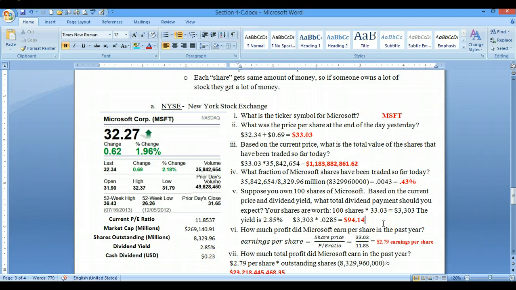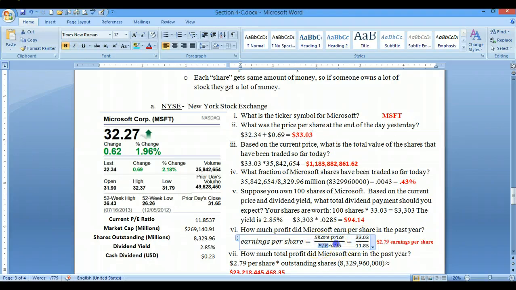Okay, so the next question, how much profit did Microsoft earn per share in the past year? So earnings per share will be the share price over the price to earnings ratio. The share price we already found. The price per share is $33.03.